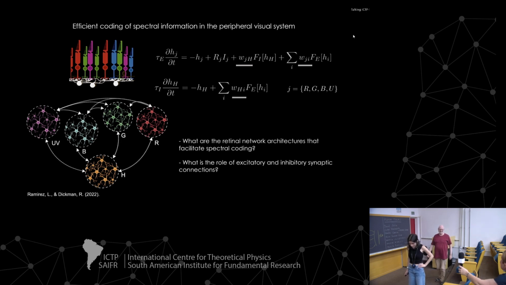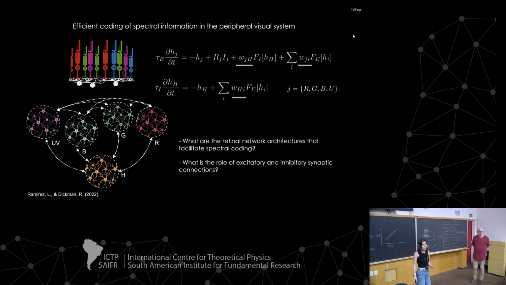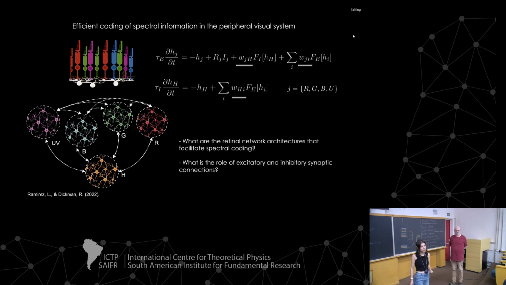So I think this is the next question that maybe we will be able to understand and answer with this connectome of the fly, right? Okay, I understand the question.